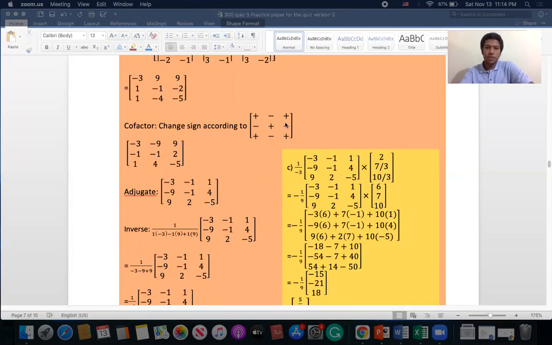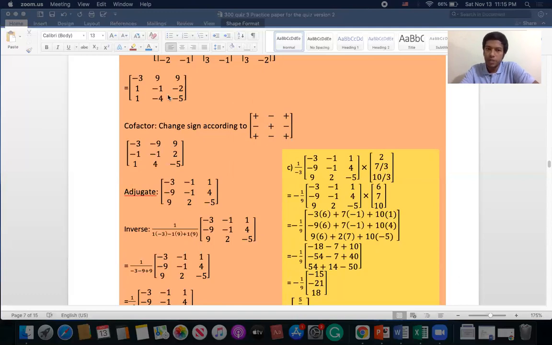So according to this sign, the first row stays the same except the second number, which changes. This 9 will become minus 9, and the plus positions remain the same as they are. The trick is: wherever you see plus, they will not change. Only for the minus, the sign will alter.